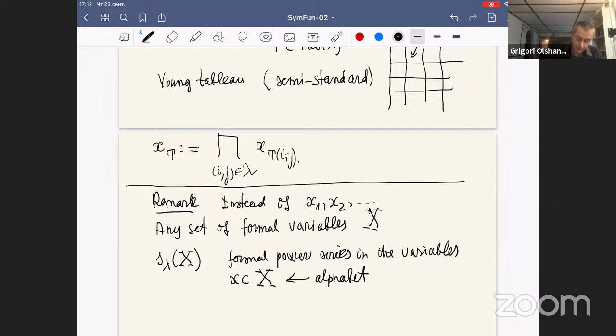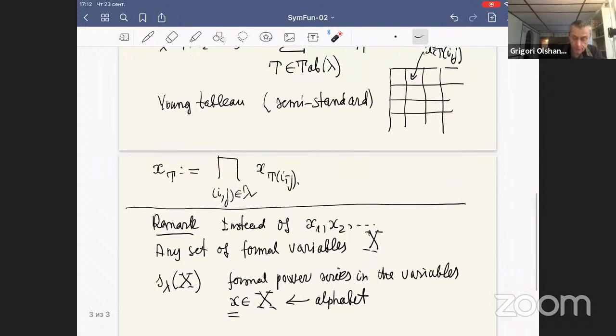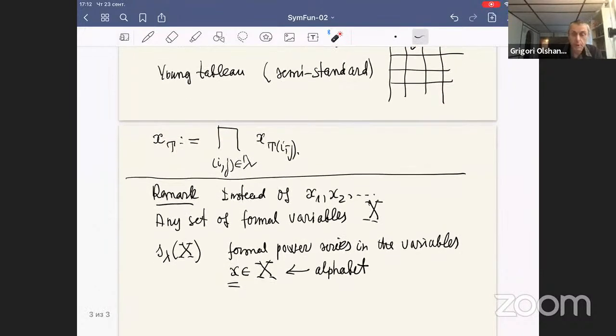So one can think of these small x's as letters from this alphabet. And this alphabet can be absolutely arbitrary.